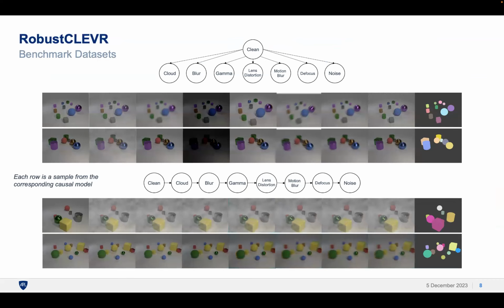Our causal framework integrates seamlessly with the physics-based Blender rendering tool, and we use this then to generate several variants of the popular CLEVR dataset. Our framework enables the specification of arbitrary causal models, and we use this to generate the two contrasting variants shown here, one where the corruption factors are IID, and another where corruption factors are causally linked.